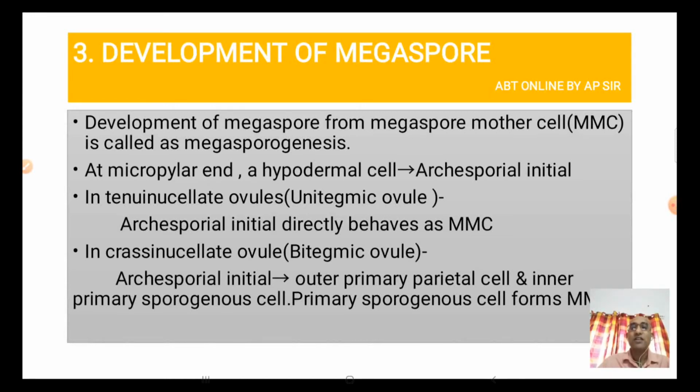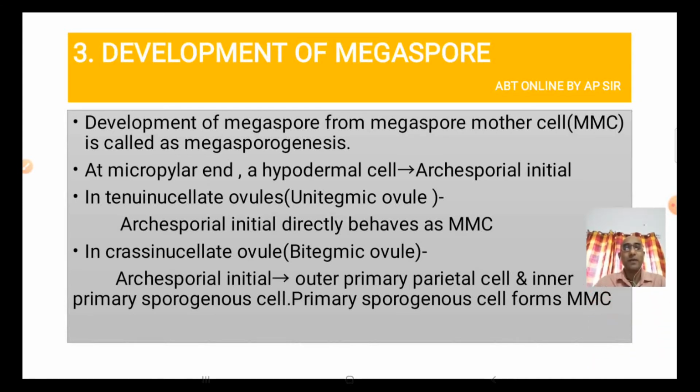But in some other kinds of ovules, especially in bitegmic ovules, the archisporial initial doesn't directly behave as megaspore mother cell. Rather, it divides periclinally to form an outer primary parietal cell and an inner primary sporogenous cell.